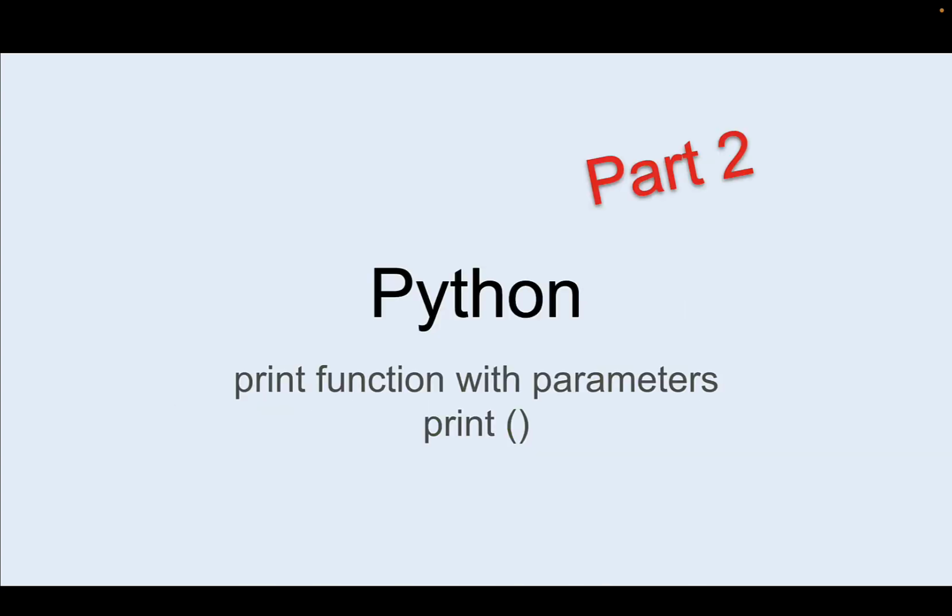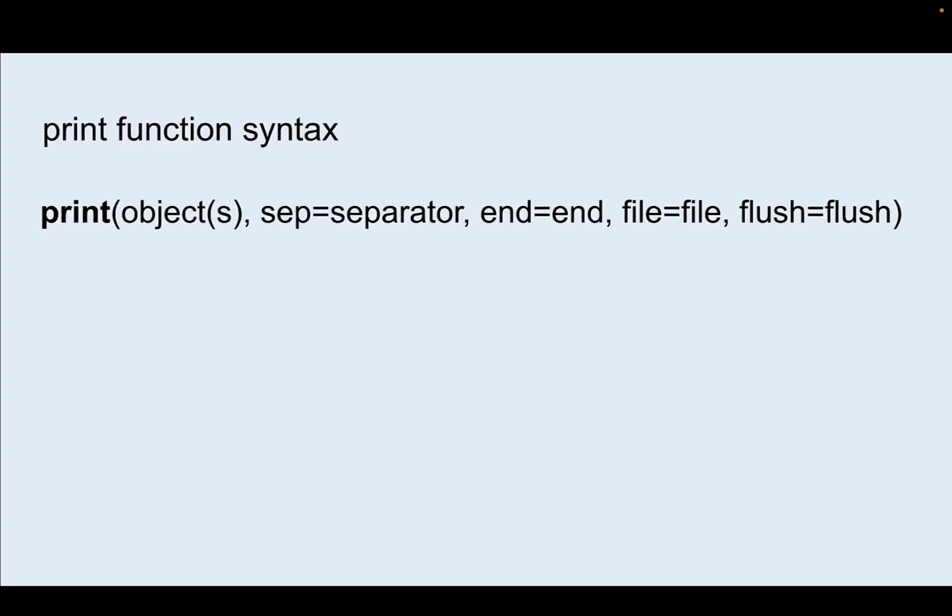All right, now let's take a look at the Python print function part 2 with some additional parameters. What we have here is our print statement with our object. These are optional parameters that we are able to include with printing.